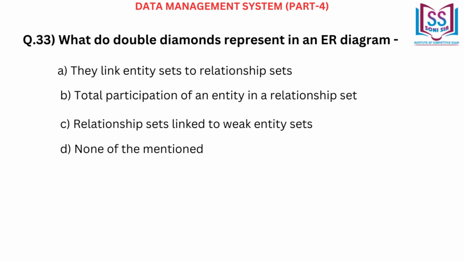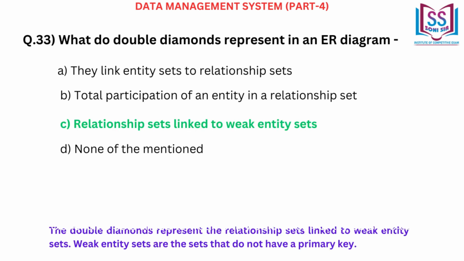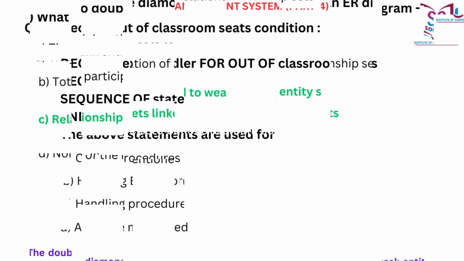C. Relationship sets linked to weak entity sets. D. None of the mentioned. Correct answer C. Relationship sets linked to weak entity sets. The double diamonds represent the relationship sets linked to weak entity sets. Weak entity sets are the sets that do not have a primary key.